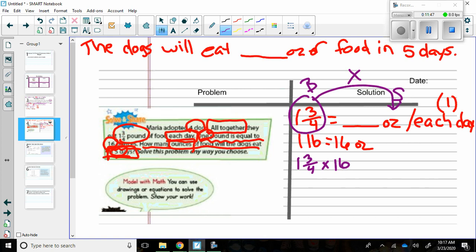Okay, so we are dealing with a fraction of a pound. So this is where we need to start to think of our process. Okay, what I want to do to set this up is I want to set it up to where I use my whole number.